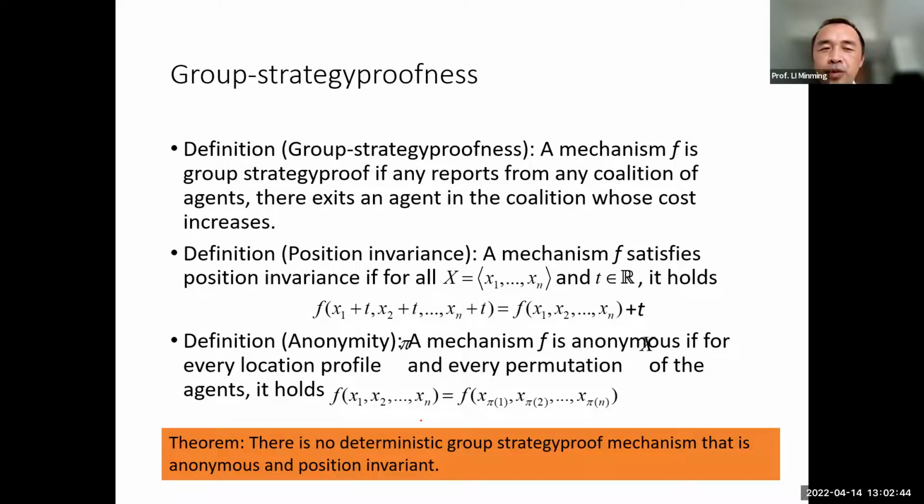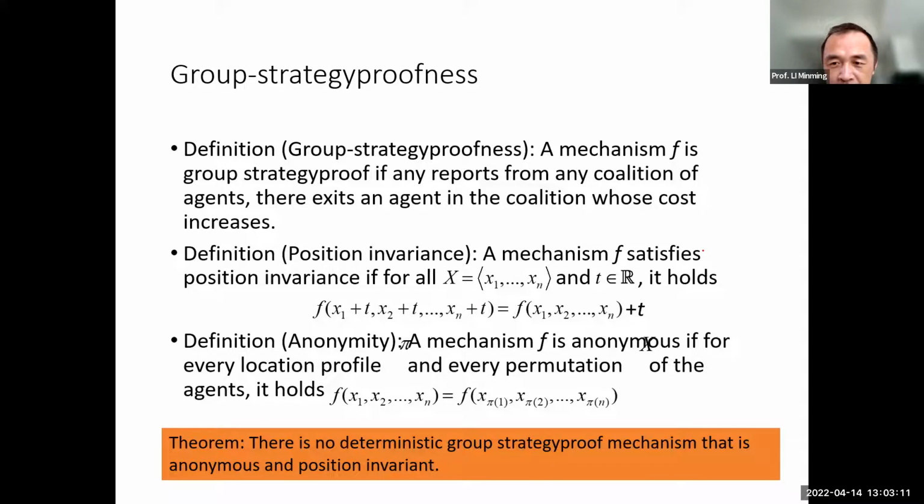There are different versions of group strategy proof. Here is one, okay? If all the people misreport together, at least one of them will increase the cost, and therefore he or she will not join the group. So we hope that the mechanism can also achieve group strategy proof, right? Even a group of people cheating together, they will not benefit altogether. At least somebody will lose something.